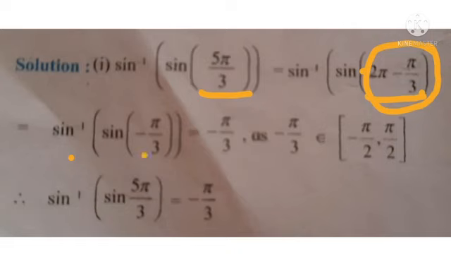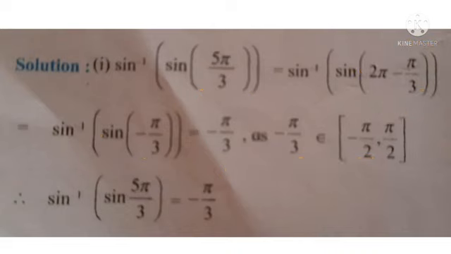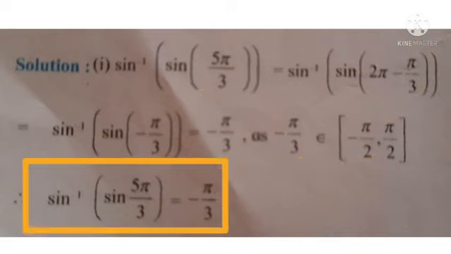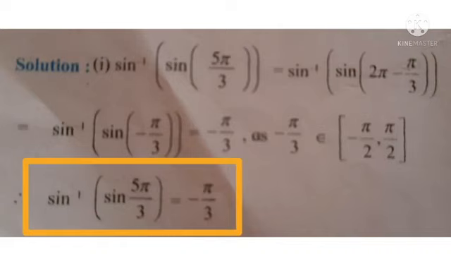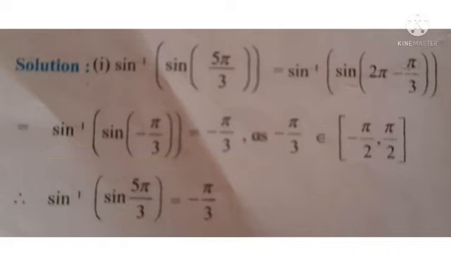So it becomes sine inverse of minus sine pi by 3. Sine inverse and sine get cancelled, giving minus pi by 3. And minus pi by 3 belongs to the closed interval minus pi by 2 to pi by 2. So we get the principal value: sine inverse of sine 5 pi by 3 is equal to minus pi by 3.